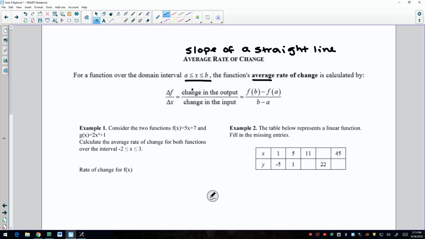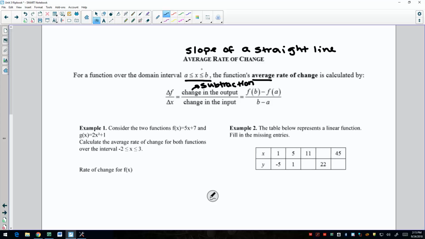And if you think of the word change, when you go to a store and they give you your change, they took what you owed and what you gave them and they subtracted. So whenever you hear the word change in math, you should be thinking subtraction. So you're going to subtract the two outputs between whatever the interval is that they gave you.